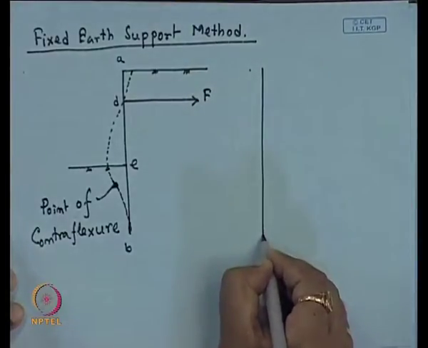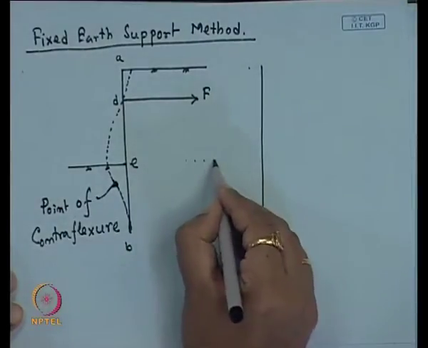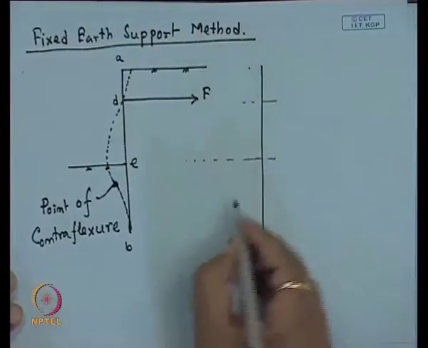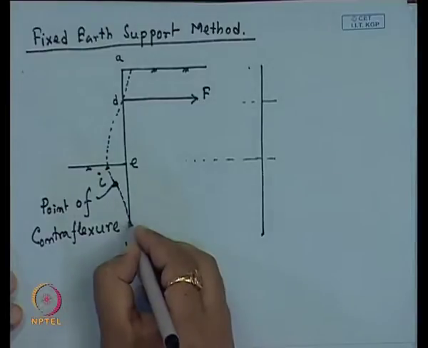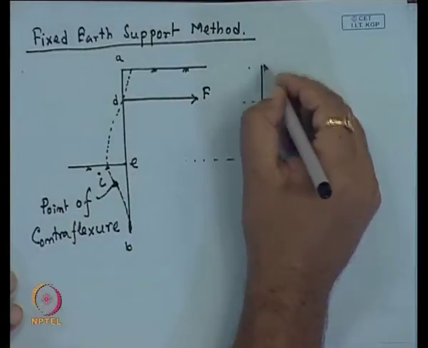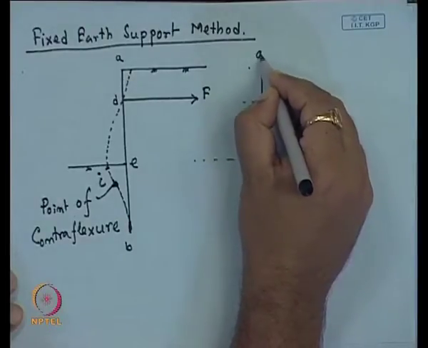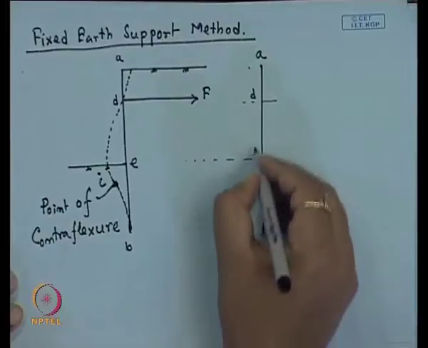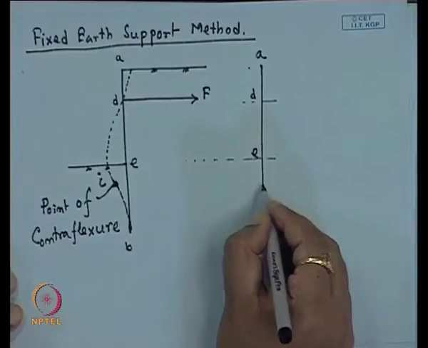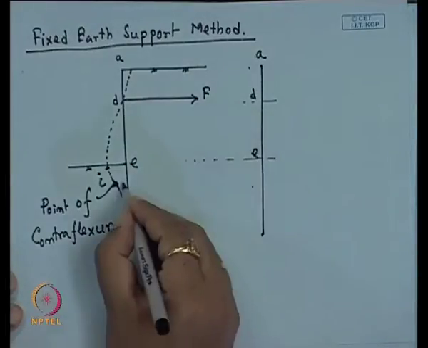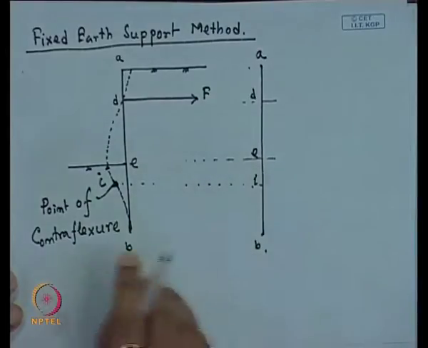So, this is the total sheet pile we can consider. These are the same points. Suppose this is point I, the point of contraflexure, and then we can draw this type of bending moment diagram, say here at A, this is at D, this is at E, the next one is point I, and this is B point.